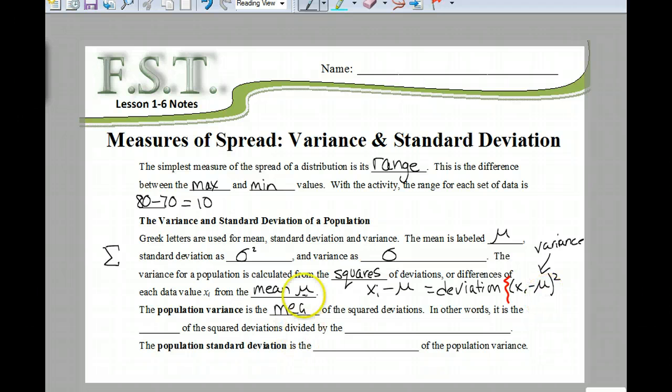In other words, it is the sum of squared deviations divided by the number of objects, N. The population standard deviation is the square root of what we just found, which is the square root of the population variance.